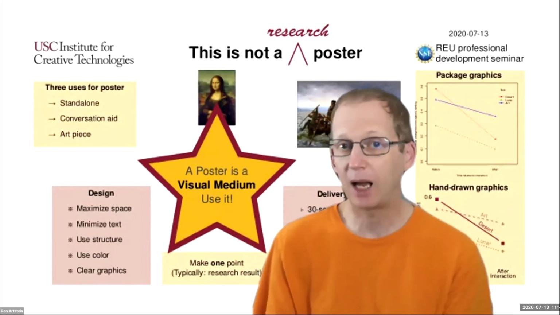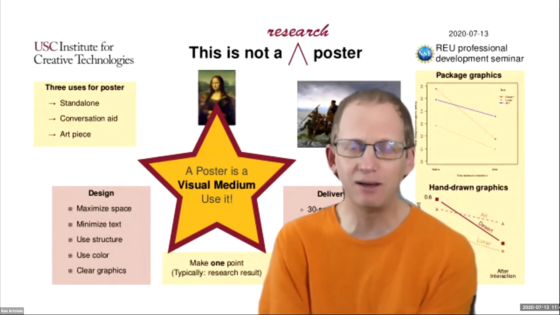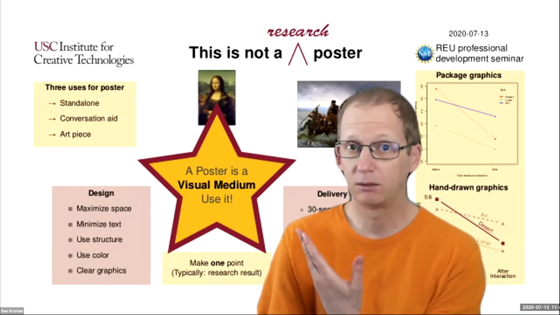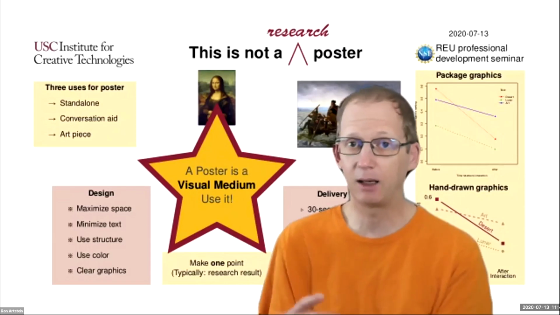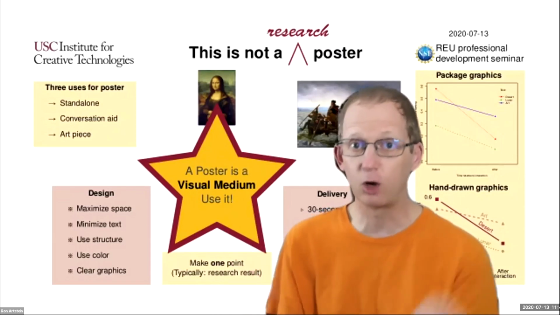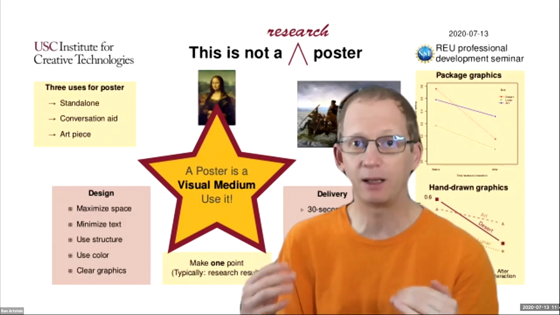And actually, the key idea should be highlighted in more than one place. It should be highlighted in the title. It should be highlighted in the thing that people are drawn to first. And it should be highlighted in whatever people remember and take away at the end.